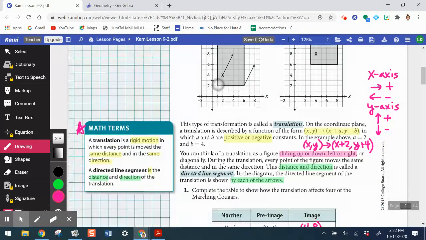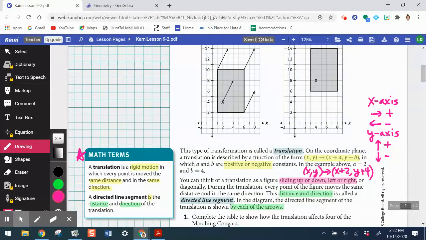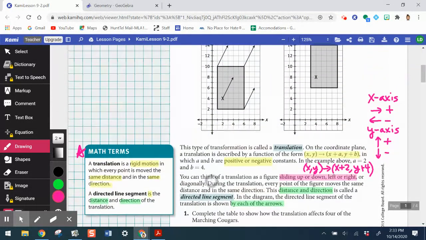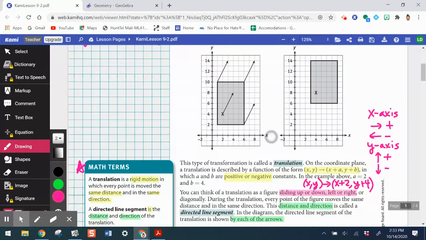Now, notice it tells us that a translation is a rigid motion in which every point is moved the same distance and in the same direction. Every point followed the same motion. What I think is peculiar is when we see this definition here, the actual distance and direction the translation moves is called the directed line segment. And if you notice, here in the diagram, the directed line segment of the translation is shown by each of the arrows.